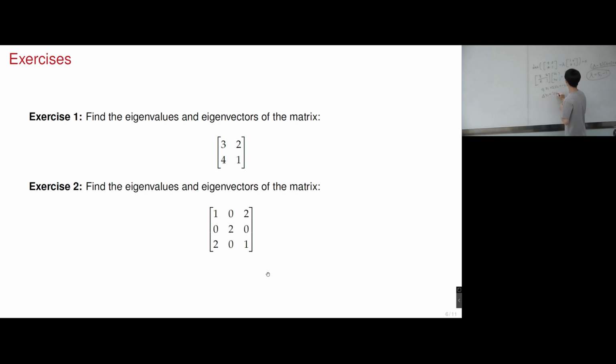So what you get is, let's see, okay, 4v1 is minus 2v2. So 2v1 is minus v2.